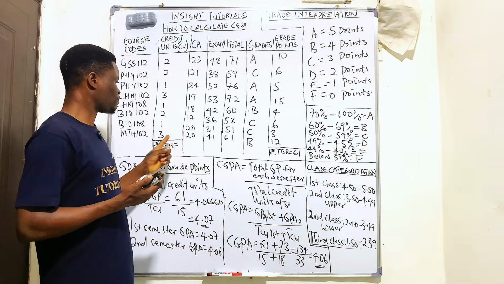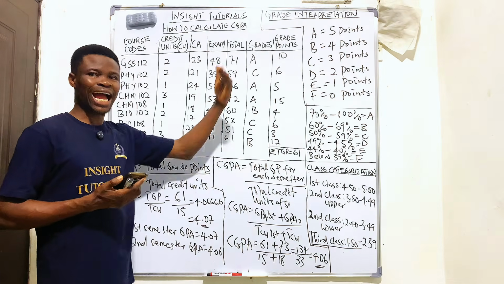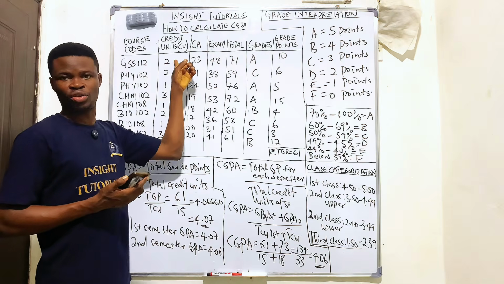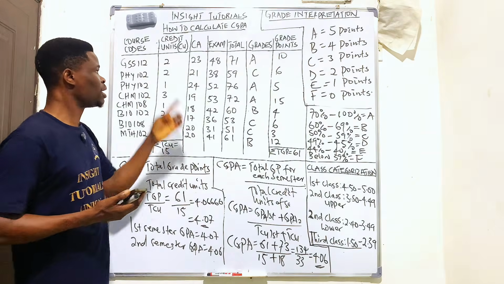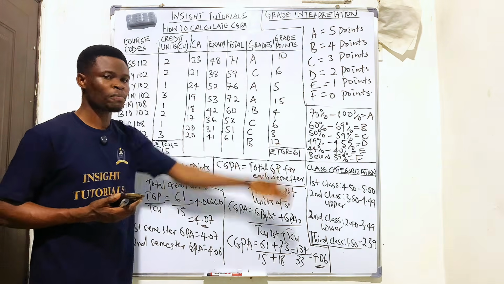So a B in a 3 credit unit is higher in its grade points than an A in a 2 credit unit. So you have to pay keen attention. If you want to aim high and get a very good CGPA, pay keen attention also to the credit unit, because they will determine your grade points.